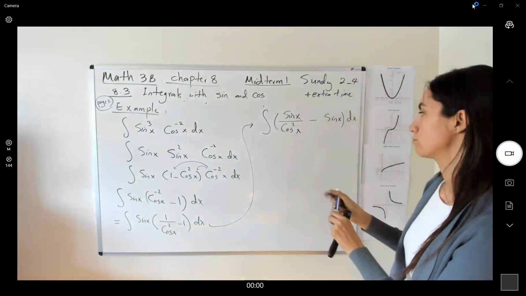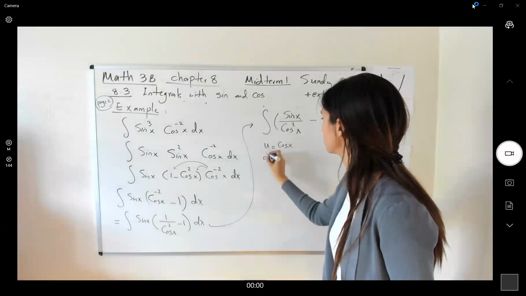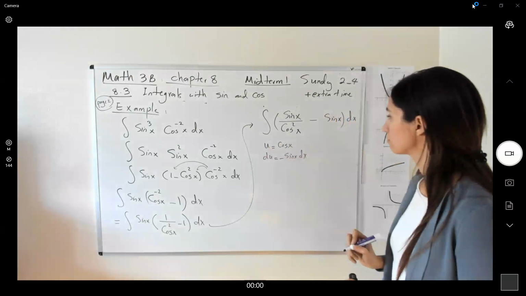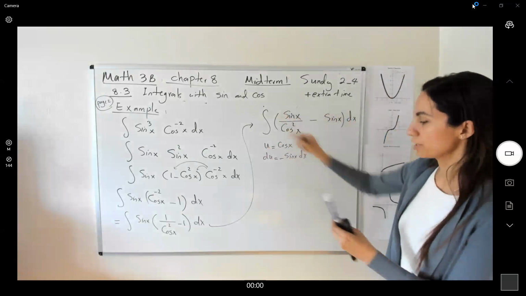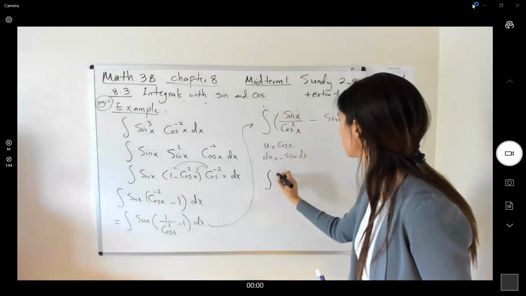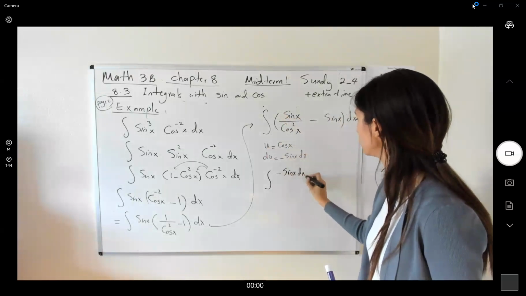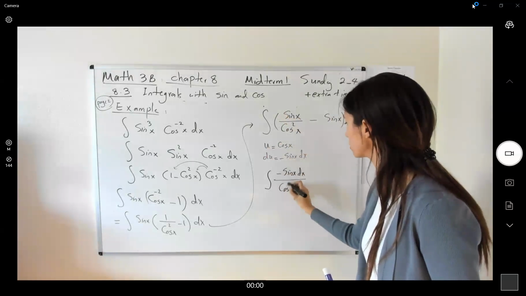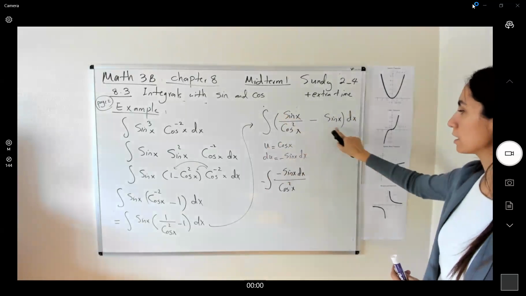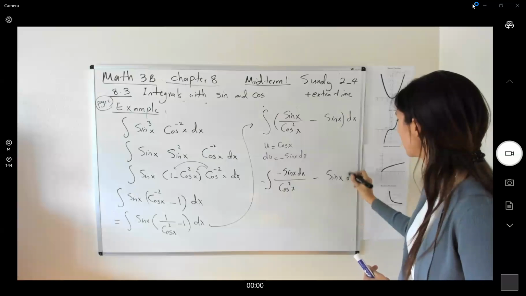Here you can take u to be cosine x, du is minus sine x dx. So the first integral is now converted into the integral of minus sine x dx divided by cosine squared of x with a negative sign in front of it. And the second integral is minus sine x dx.